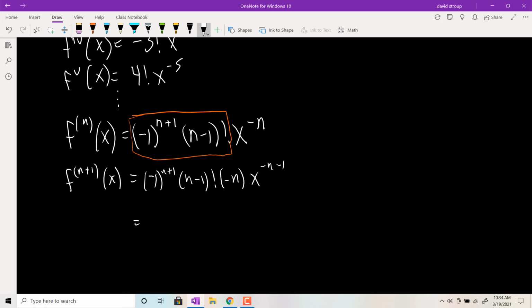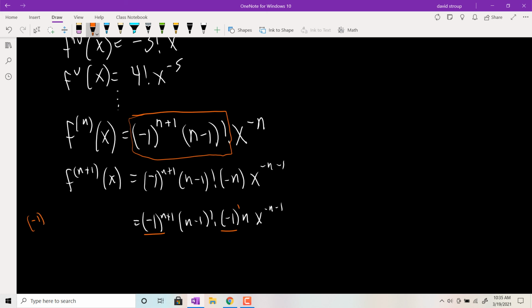So this will equal negative 1 to the n plus 1 times n minus 1 factorial times negative n, which is the same as negative 1 times n. And then we have x to the negative n minus 1. You can combine this and this by adding the exponents, because negative 1 is really to the first power. So I'm doing this in my head; let me write out what I'm saying.